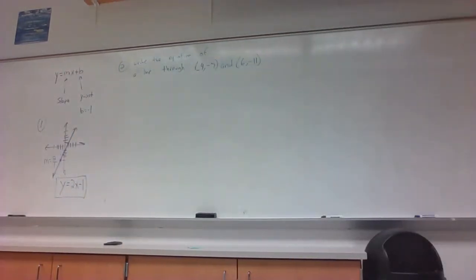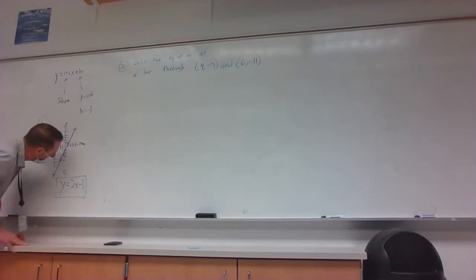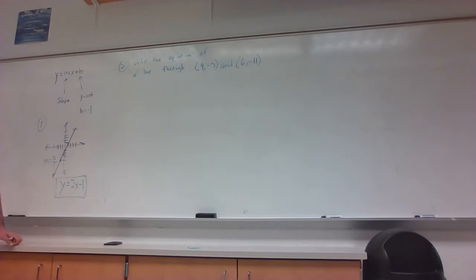What 2 things did we need to find? What 2 things are we looking for when we write something in slope-intercept form? Same thing every time, M and B. Now I might have given you x's and y's, but we still need to find M and B. When I give you a graph, you can just count rise over run. That's how you find the slope. You can just look at it to see where it crosses the y-axis.